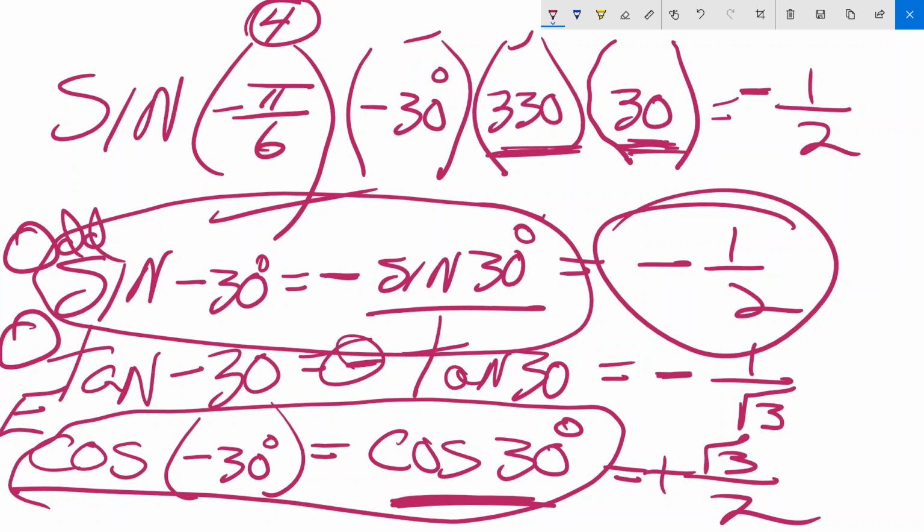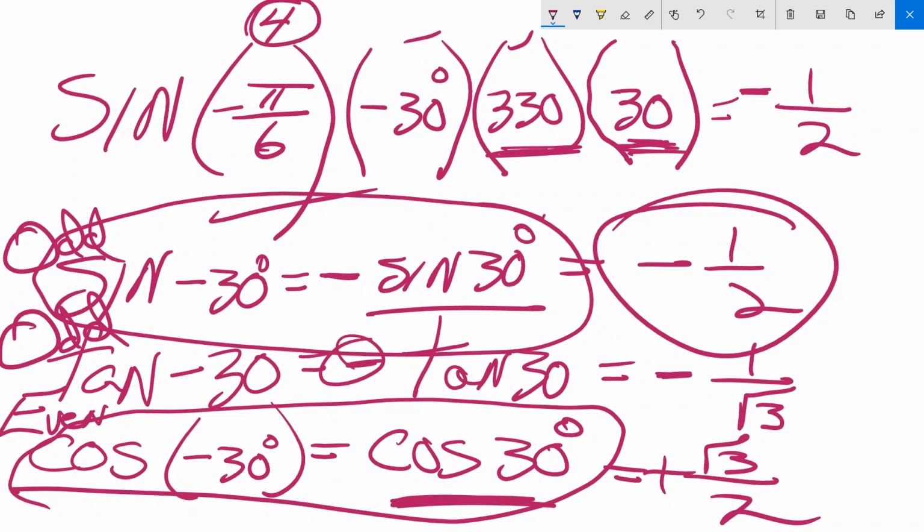What you do have to remember is that sine and tangent are both odd functions and that cosine is an even function. So there's one additional thing you have to remember, but you don't have to know really the unit circle. You do kind of have to know which quadrant you're in, because it isn't always as straightforward as this one right here, sine of minus 30.